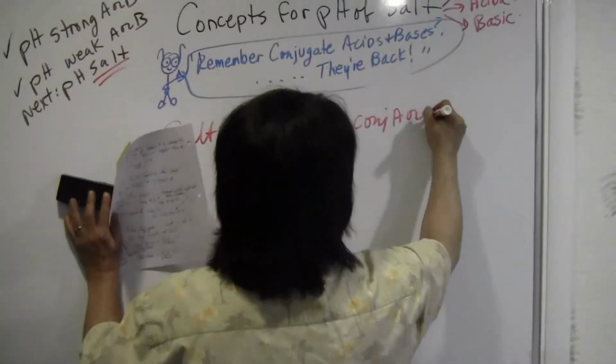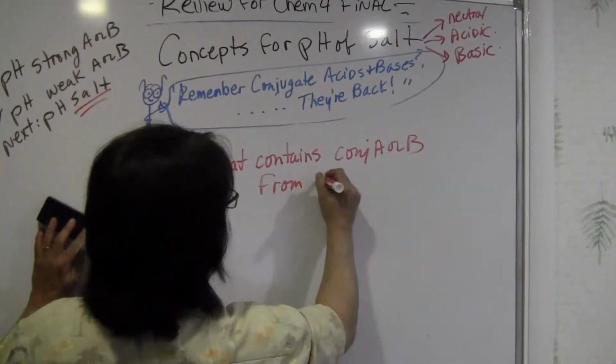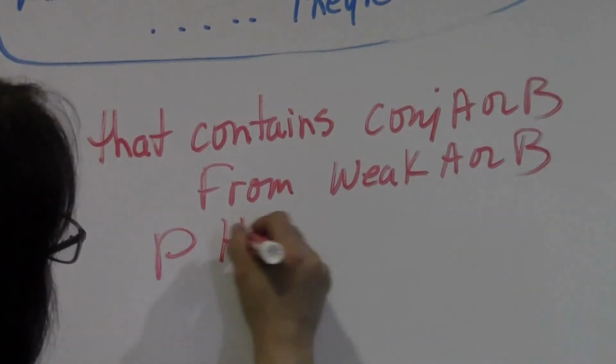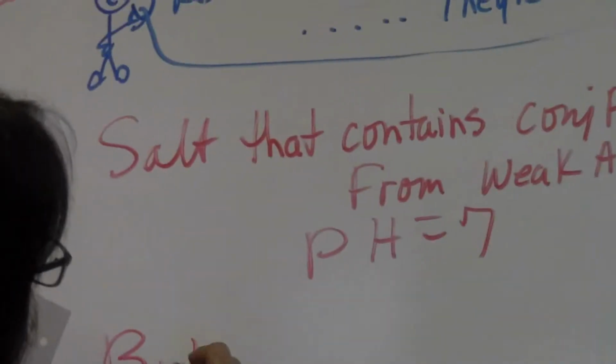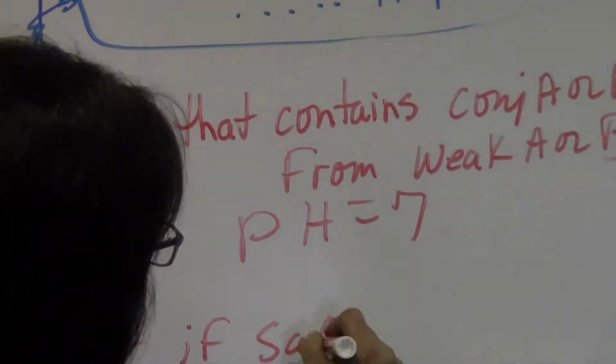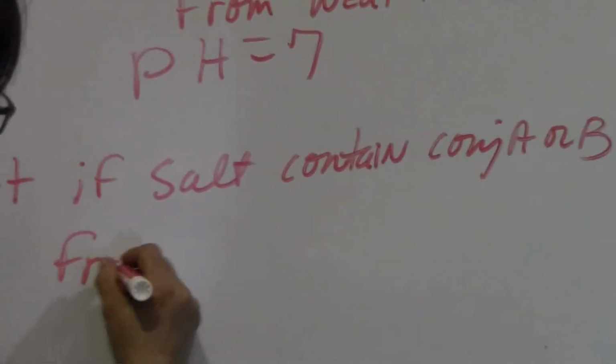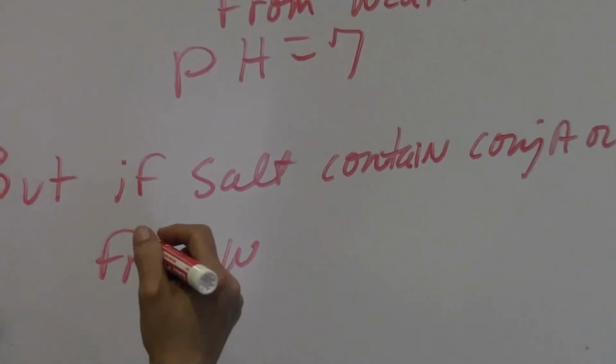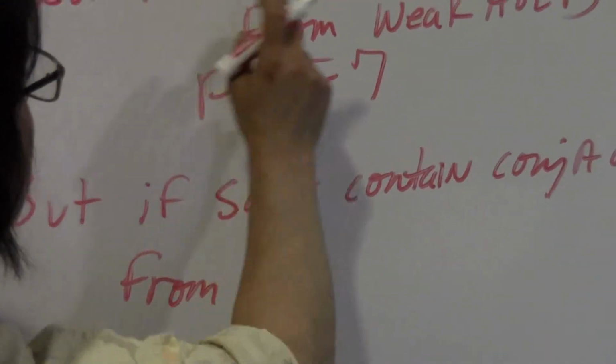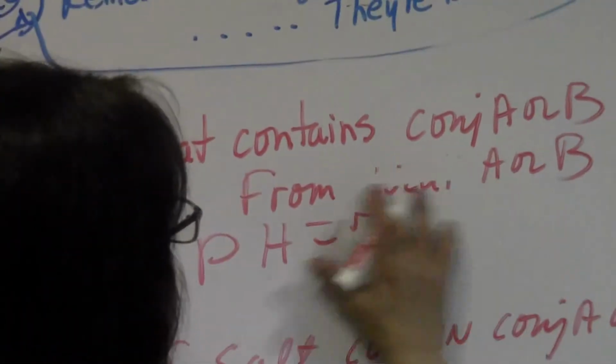So when you have a salt that contains a conjugate acid or base, the pH will equal 7, but, I got it backwards, sorry about that.